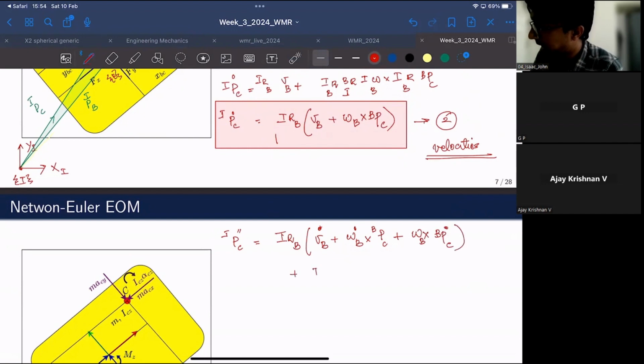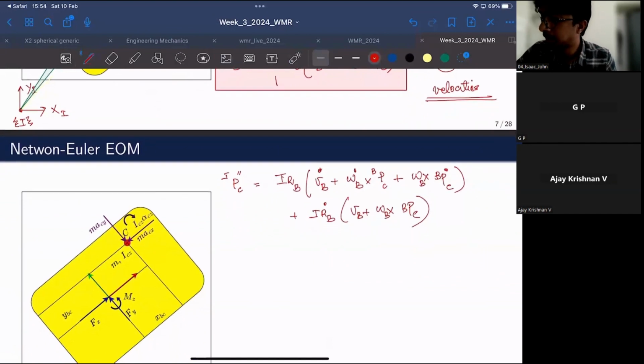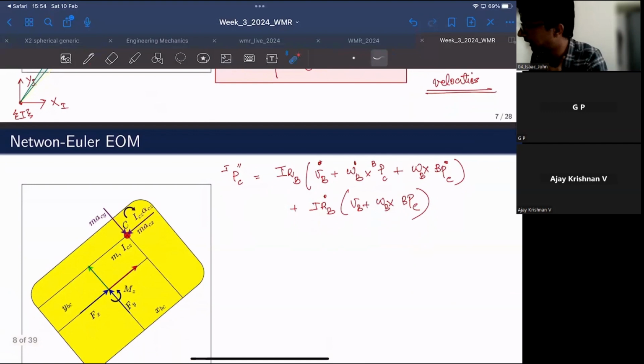Then the second term, IRB dot, VB plus omega B cross BPC. And just like what we remarked in the previous slide, this term is 0 because the relative position of C with respect to B is not going to change, since they are part of the same rigid body. So this term is always going to be 0, and you can disregard that.